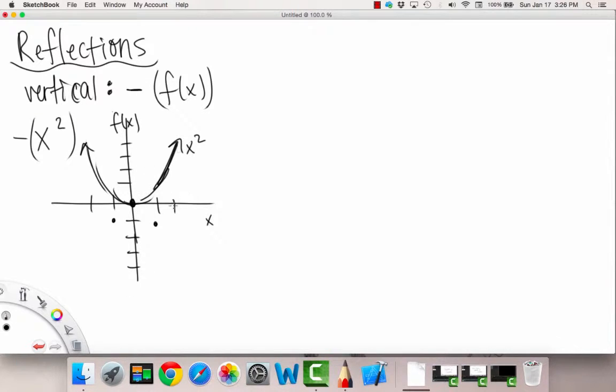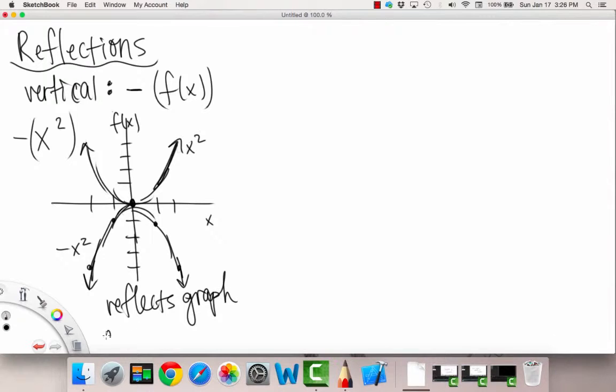If you plug in a 2, we get a -4 instead of a +4 like before. It just flips the sign of all of our outputs, so we get something that points down instead. This is the graph of -x squared. So a vertical reflection reflects a graph across the x-axis.